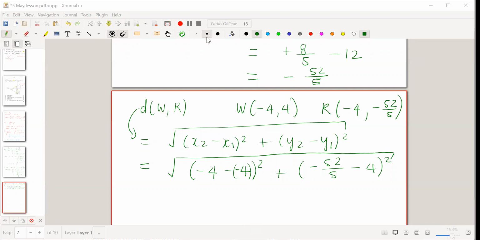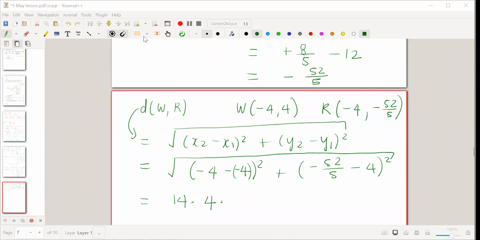Is that true? 14.4, yep. Okay, so we're going to use 14.4. Okay, is everybody in agreement that this is the value that you've gotten? Great, thanks everyone. Okay, so we've now calculated that length.